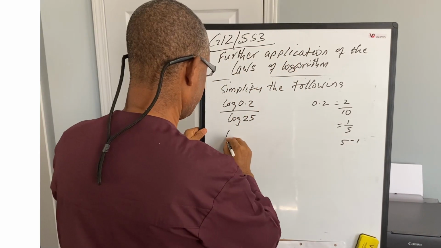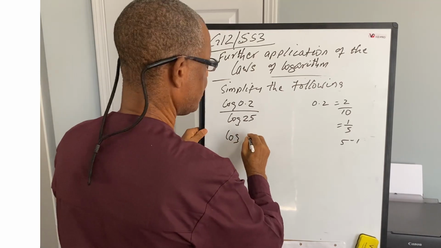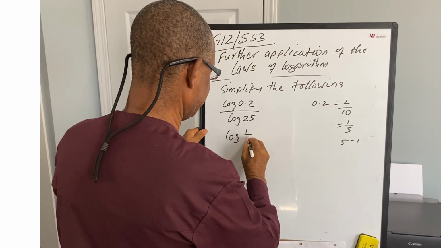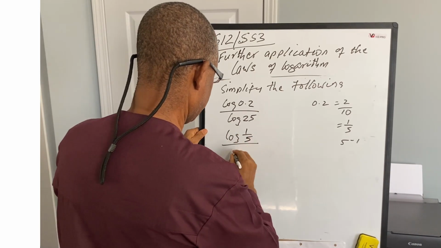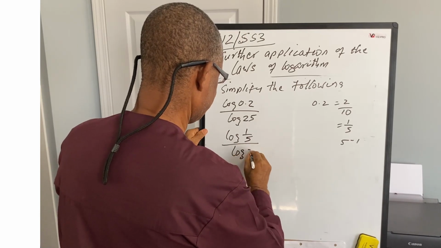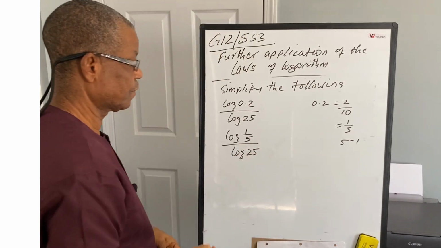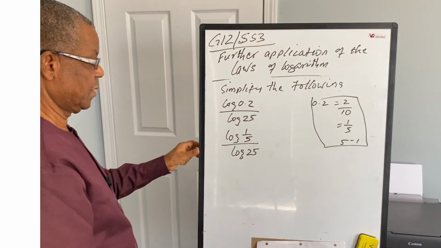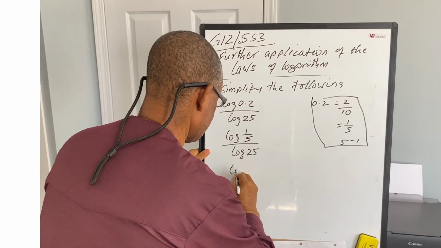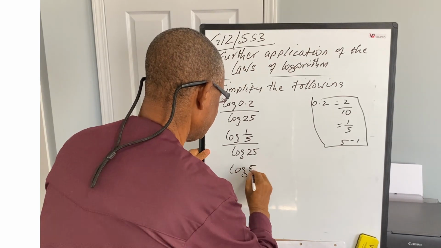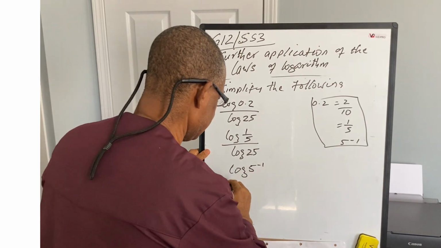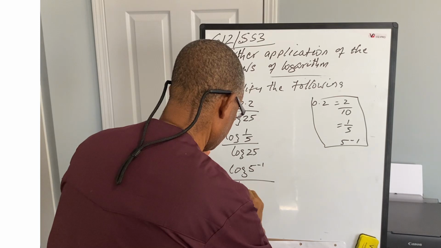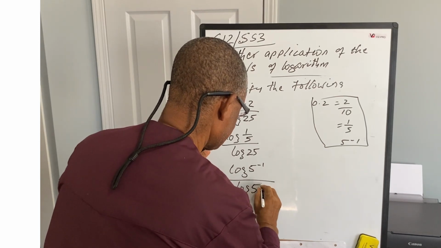So we have log 1 over 5 over log 25. That will give us log 5 raised to power minus 1 over log 5 raised to power 2.